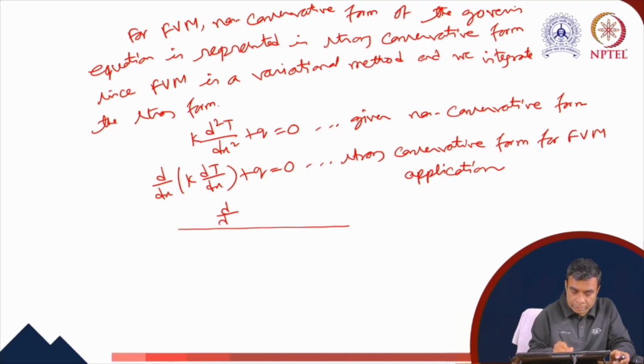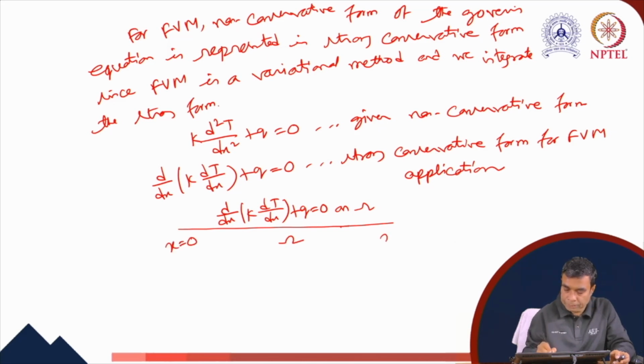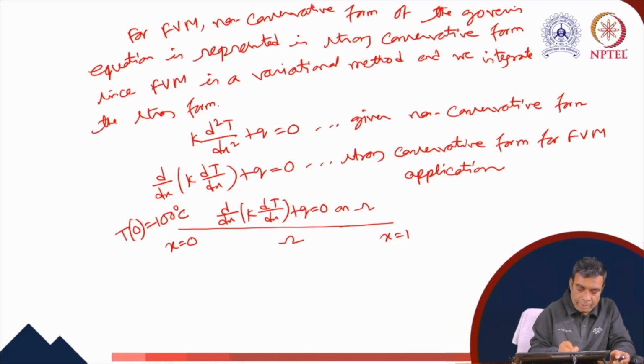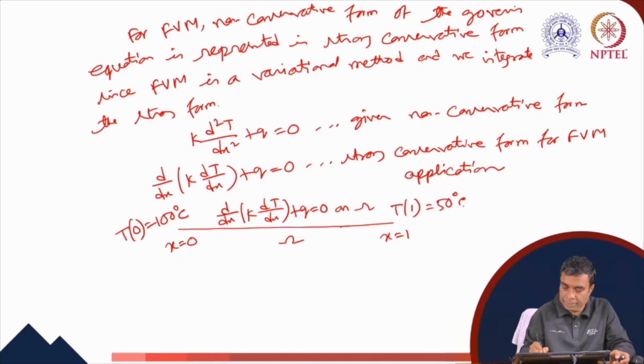So d/dx of (k dT/dx) plus q equals to 0 on omega. Let us take this as omega, this is x equals to 0, this is x equals to 1. Boundary conditions are T0 equals to 100 degrees centigrade and T1 equals to 50 degrees centigrade.